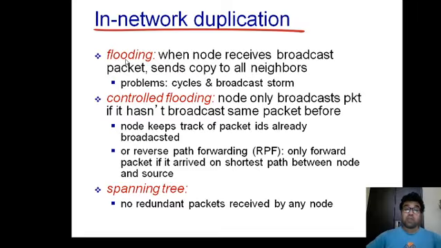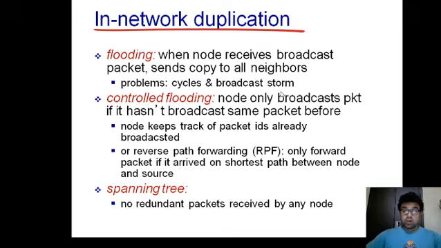Simple flooding is going to create a broadcast storm because of the looping problem, because of cycles of that particular information. So again, simple flooding is not required. Simple flooding has many disadvantages, as you saw, that it will create a broadcast storm.